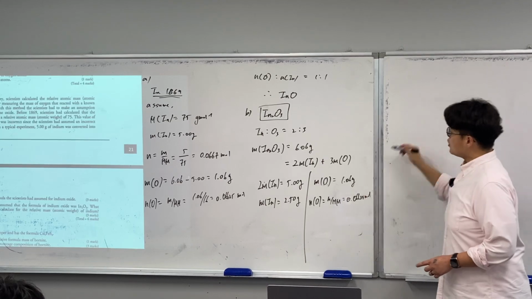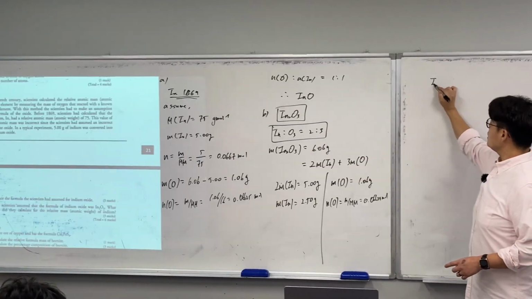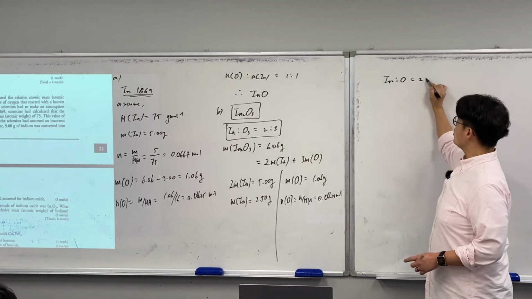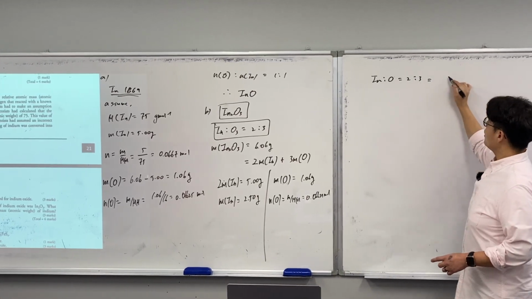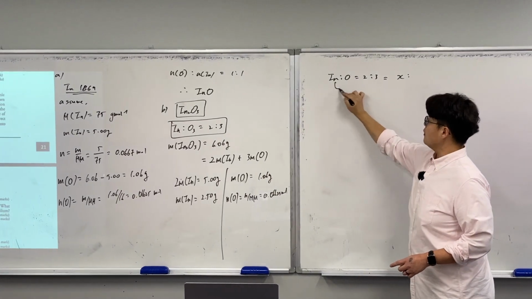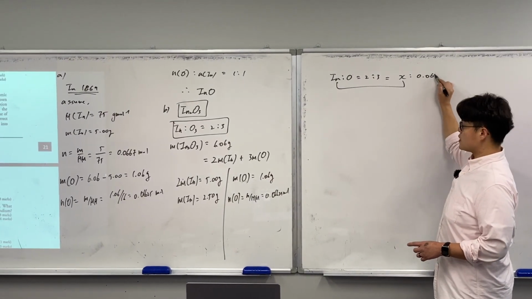Using the ratio between indium and oxygen, the indium to oxygen ratio is 2 to 3. Now, we don't know the n of the indium, but we know the oxygen, we have 0.06625.